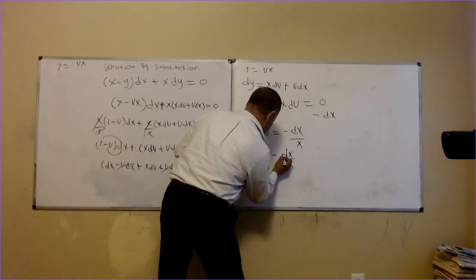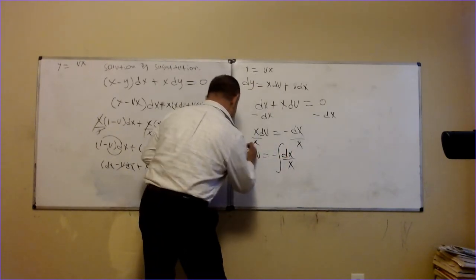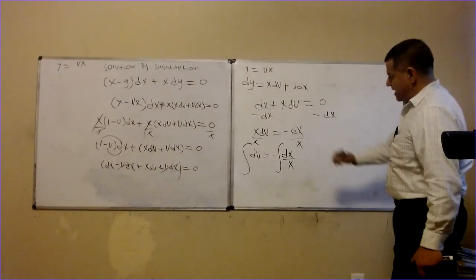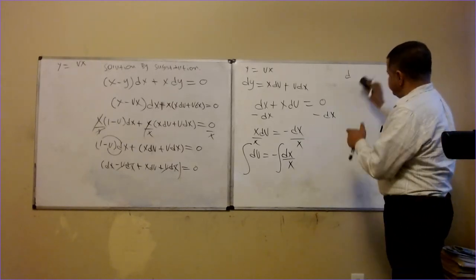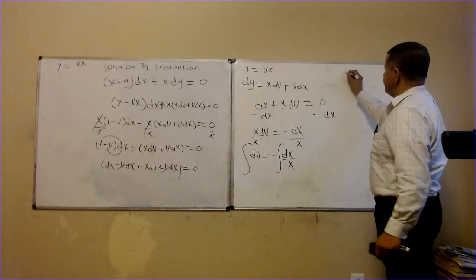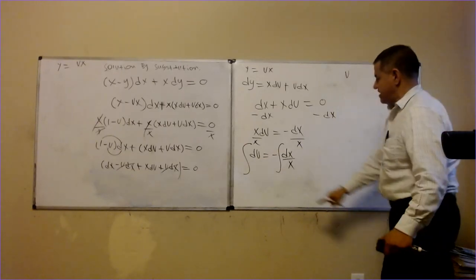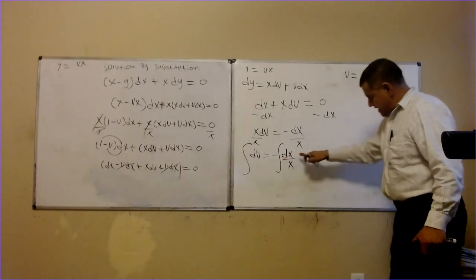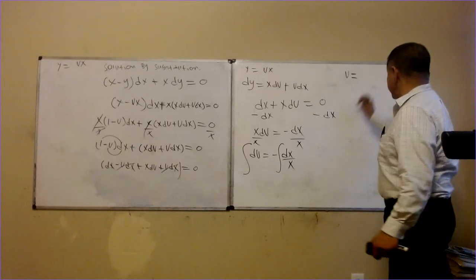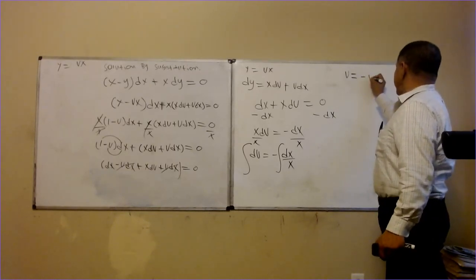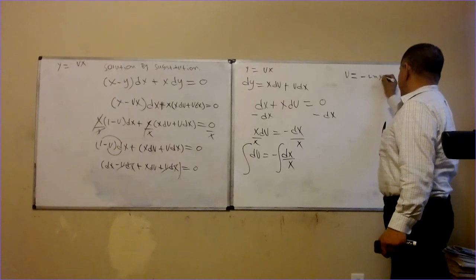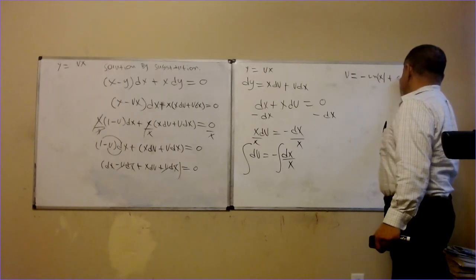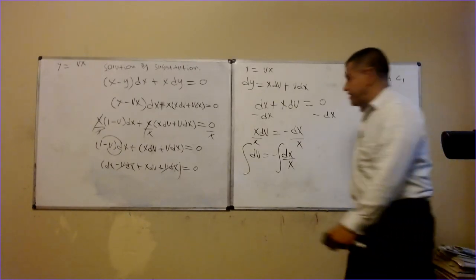When I integrate dv, I get v. In this case over here, I get negative ln x plus c1. Plus c1.